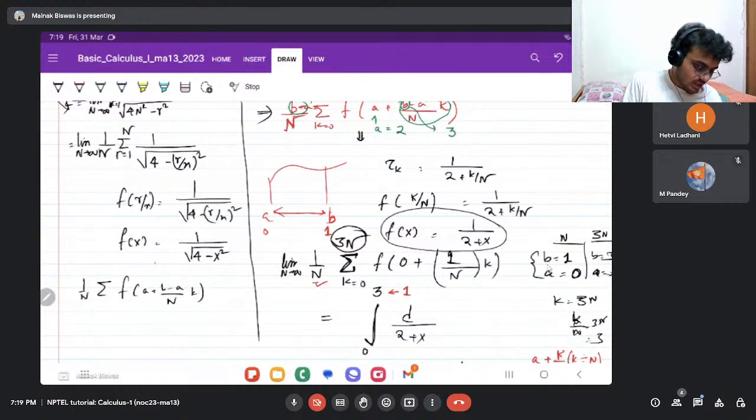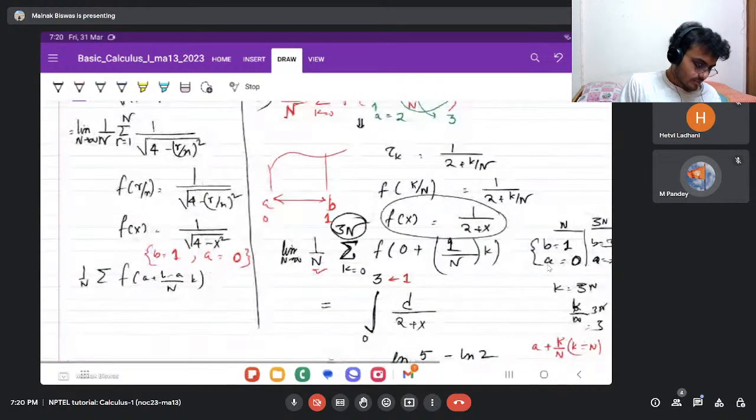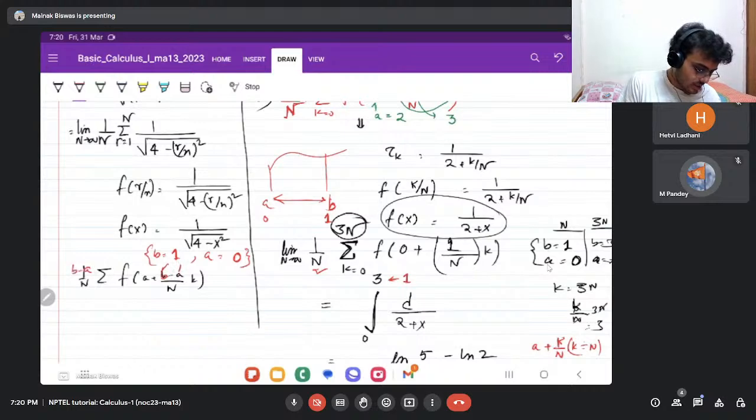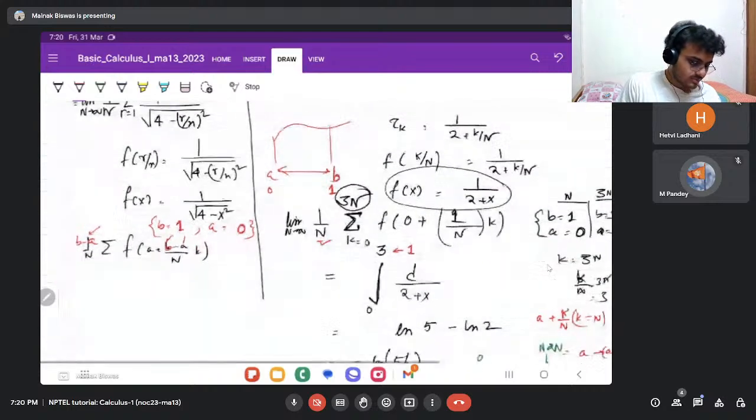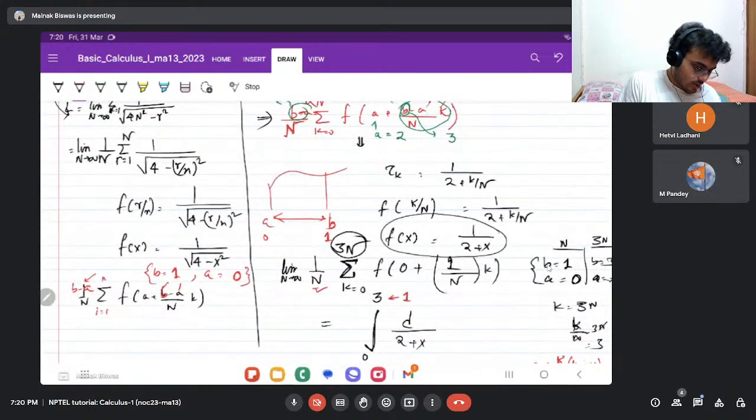So your b is equal to 1 and a is equal to 0, right? Agreed? Yes, sir. Correct. So you see b is equal to 1 and a is equal to 0. This is also b minus a. So this is correct.